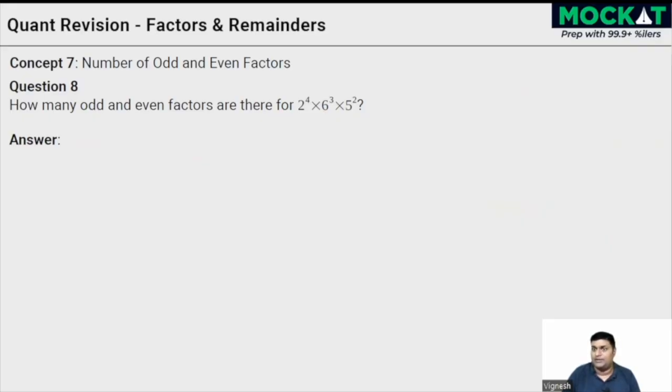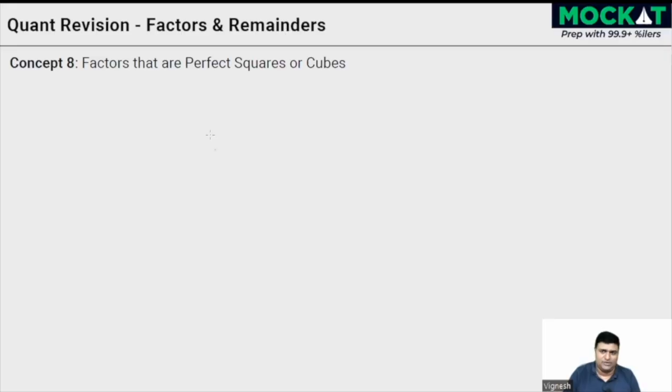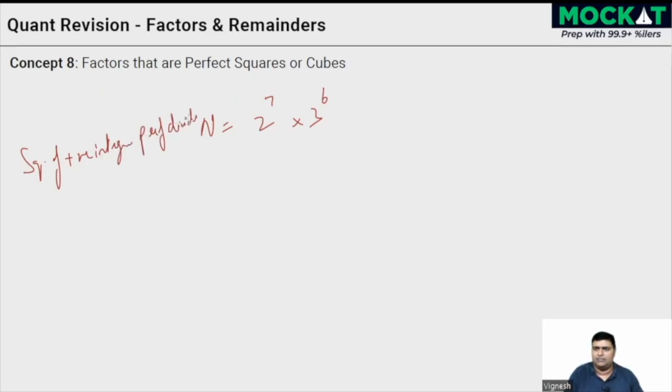The next concept over here is that pertaining to factors that are perfect squares or cubes, right? So if we're going to be given a question like, let's say 2 power 7 into 3 power 6, how many squares of positive integers perfectly divide n?